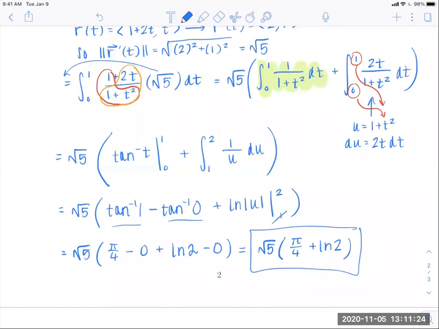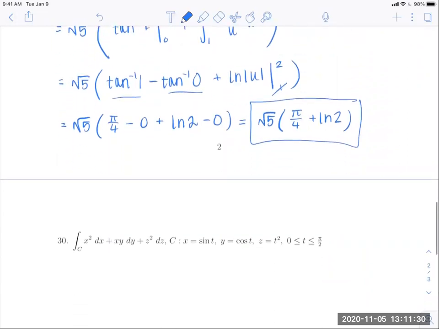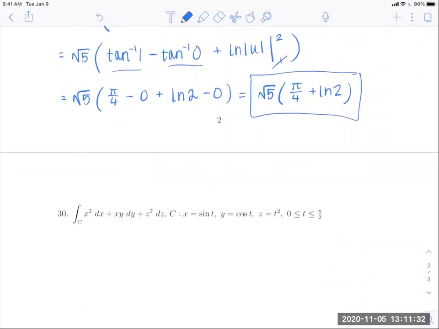All right, let's do another example of computing a line integral with respect to a single variable. And so in problem 30, we're going to work with integrating with respect to x, y, and z. We see all three of those differentials. So two things here.